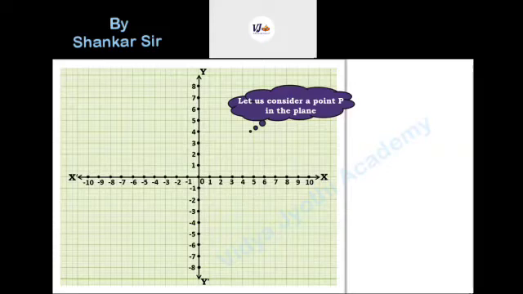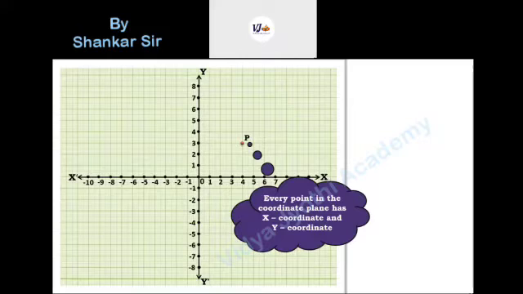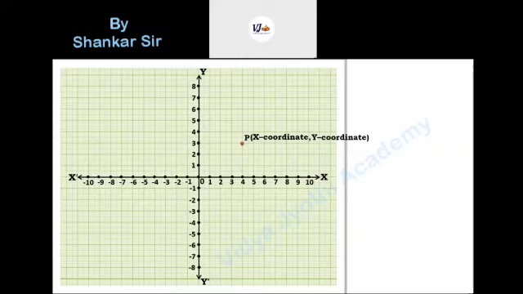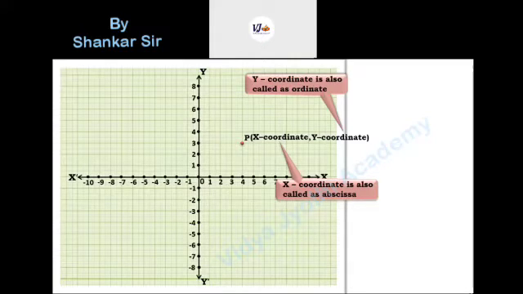First we'll consider one point P in a plane. Each point is denoted by an x coordinate and a y coordinate like this. What is the name of the x coordinate? Abscissa. Yes, this is called the abscissa. And the y coordinate is the ordinate.